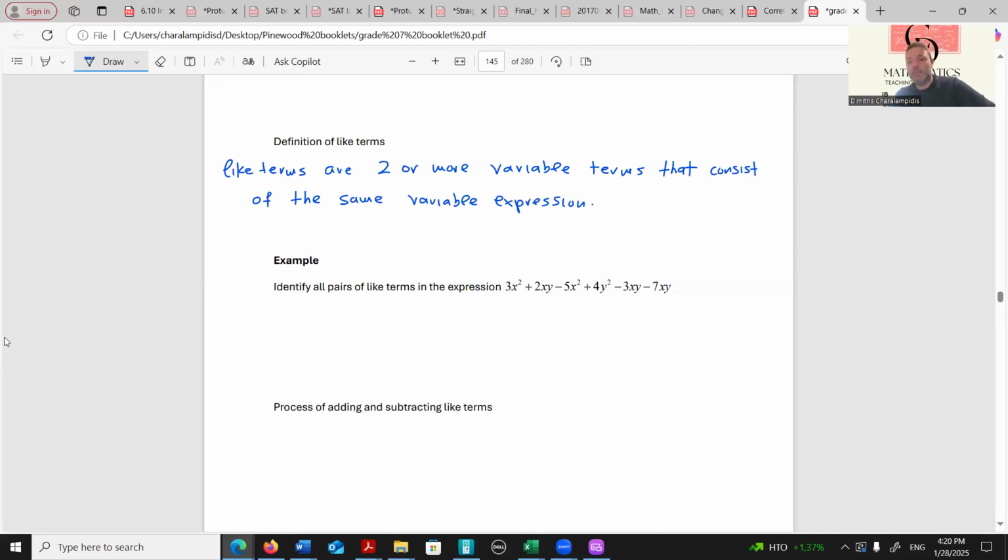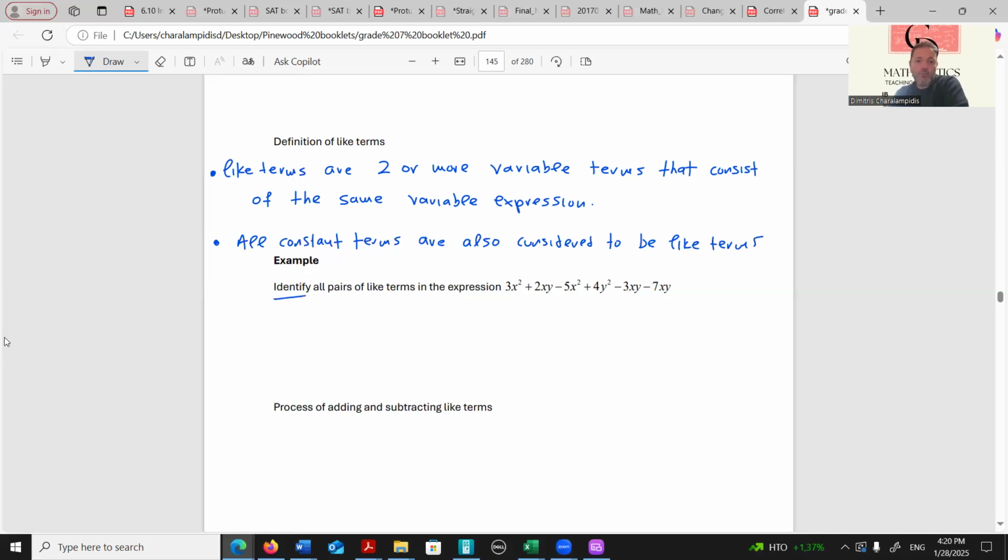So, like terms should be two or more variable terms that consist of the same variable expression. And on top of that, we can also say that all constant terms, basically all numbers, are also considered to be like terms.